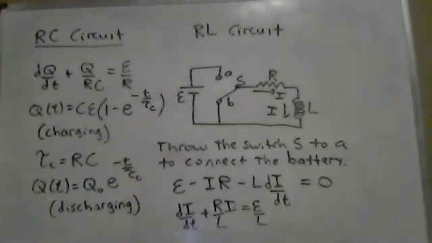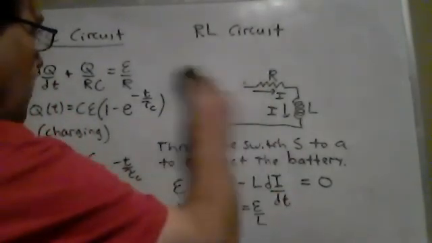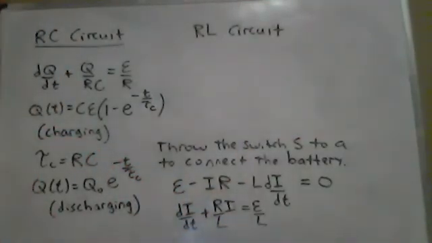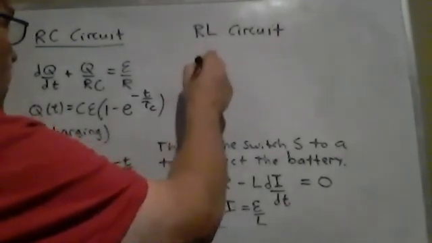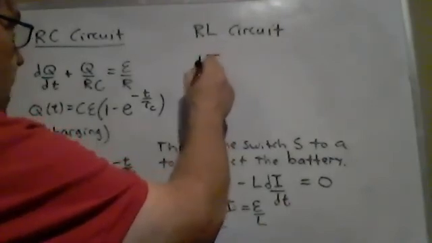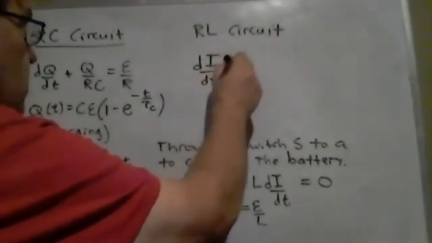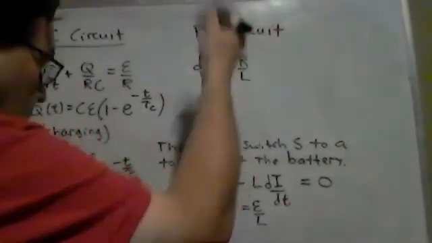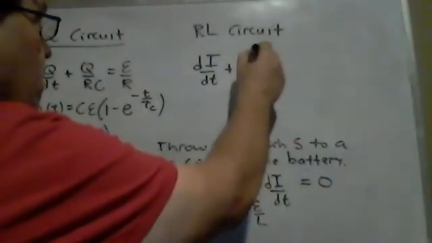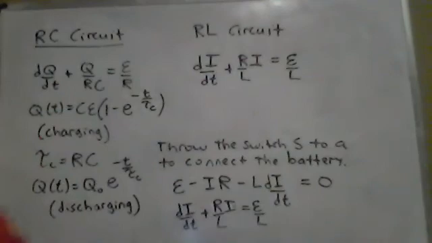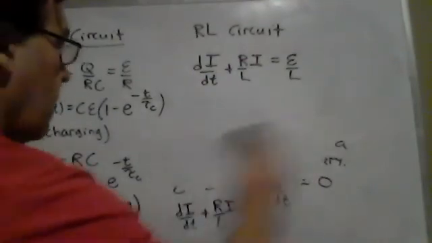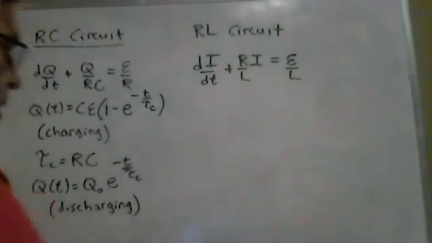All right, and so what will the answers to this be? Let me write side by side what my RL circuit material looks like, next to the capacitor. So di/dt plus R over L, where L again is the inductance of the inductor, times I equals epsilon over L. And that is my differential equation. That is me turning on, throwing the switch.